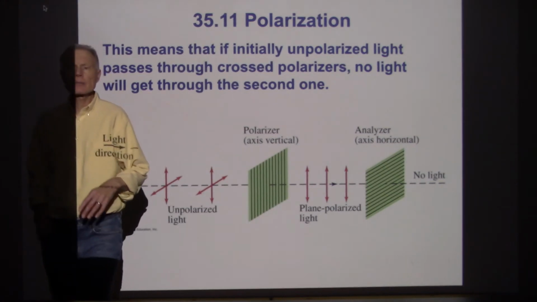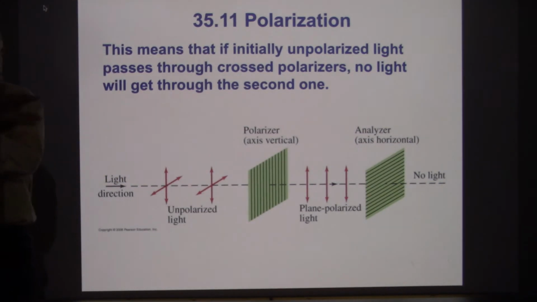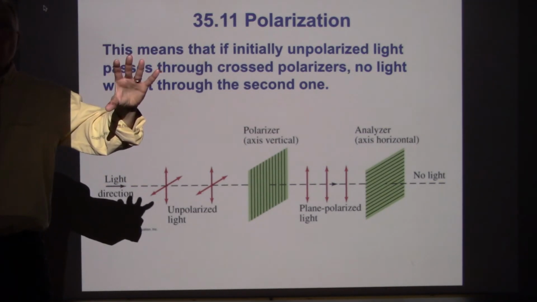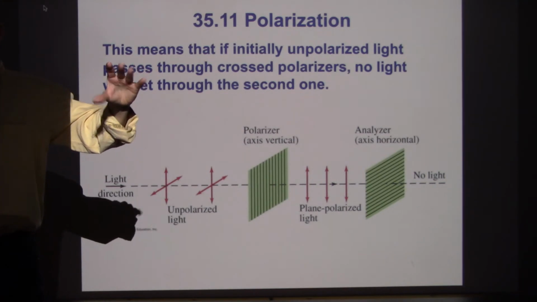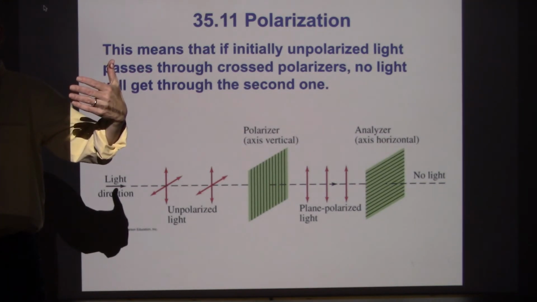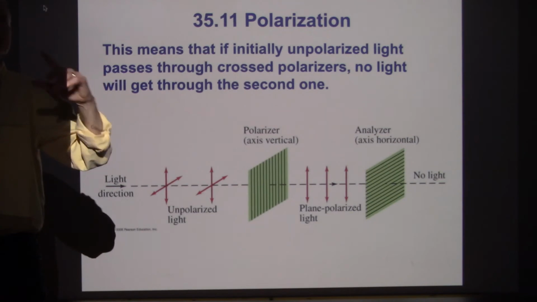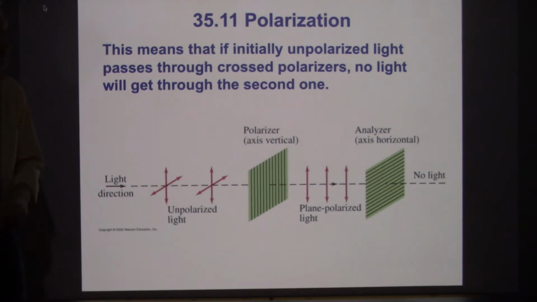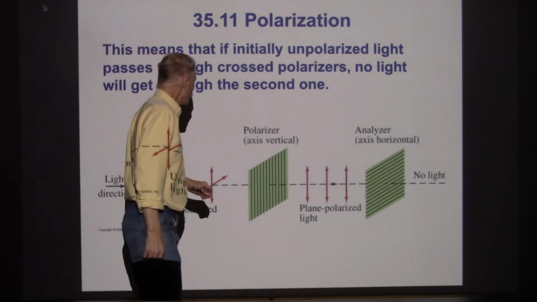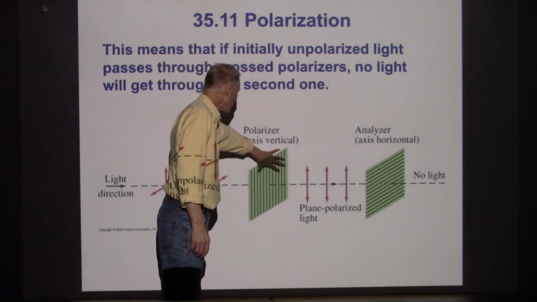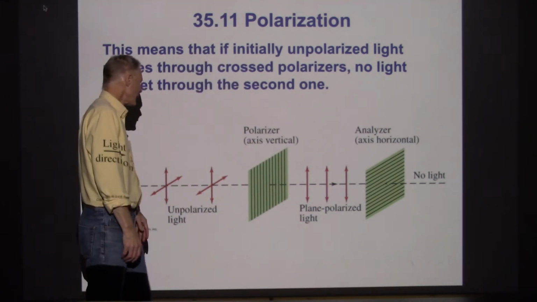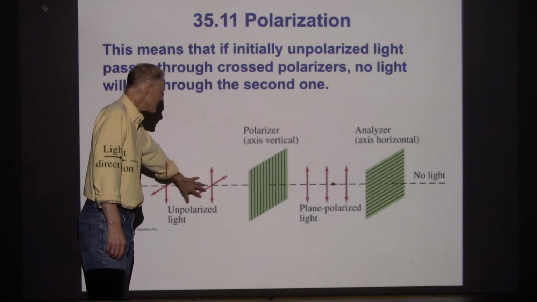Polarizers are designed so that they have molecules strung along one direction, where it's easy to absorb electric fields that are in one direction but not perpendicular. This is a vertical polarizer, meaning that the horizontal component gets taken out.